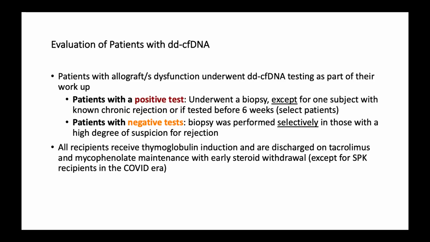And if the patient had a negative test, but we feel strongly that there may be rejection going on, we would selectively pursue the biopsy. And for those that have resolved dysfunction and the test is negative, we consider that they were negative, and we don't have to worry about rejection at that time.